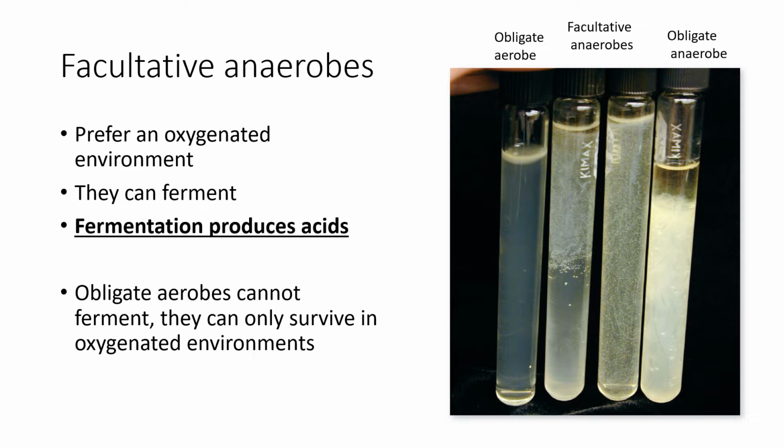When you're talking about facultative anaerobes, both these 2 tubes in the center, tubes 2 and 3 in this case, going from the left to the right, are both facultative anaerobes. But you can see that being a facultative anaerobe does not mean you have equal abilities in low oxygen conditions.